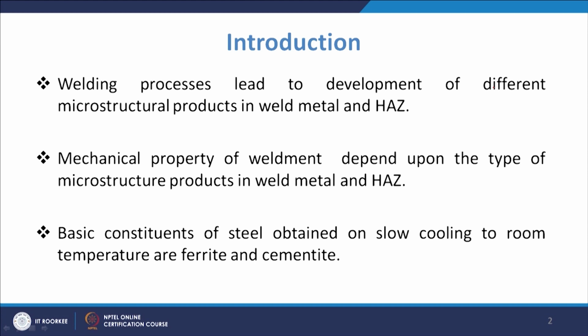So, you have different basic constituents, phases, which are formed in the HAZ and the weld metal zone. The different constituents formed are many, and normally the two basic constituents formed are ferrite and cementite.